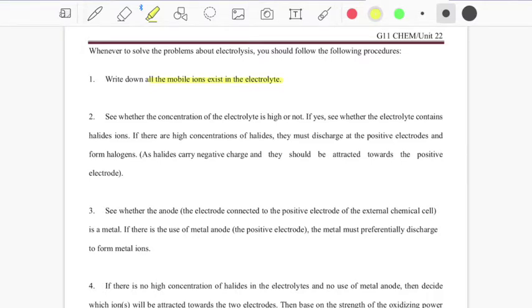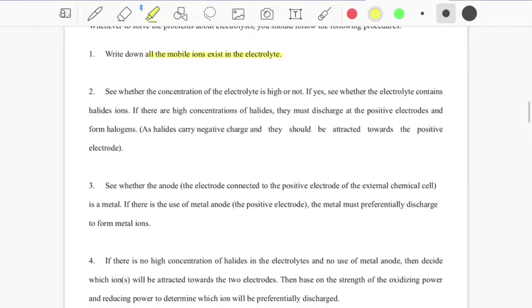So not only will the compound dissociate to form ions, but water is also going to dissociate. So you will have H+ and OH- as well. We're going to talk about that in detail later. And then the second step, we need to consider the first factor. Do we have a high concentration of halide ion existing in the electrolyte?